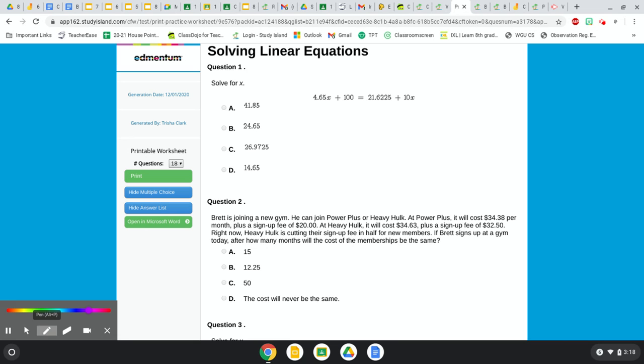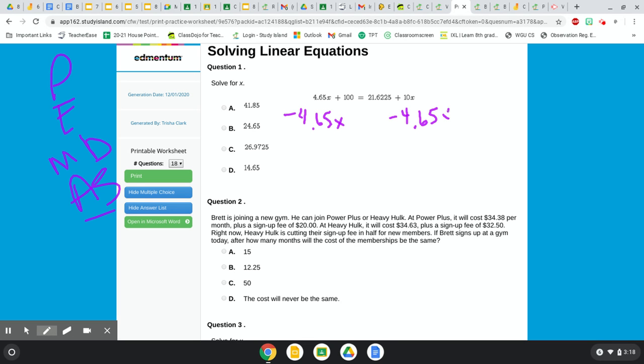Moving on. Next step is to go in reverse order of PEMDAS, so I have to deal with adding and subtracting first. I'm going to choose to subtract the 4.65x. I'm going to subtract that from the 10x because those are the like terms. When I subtract that on this side, this cancels, leaving me with just 100.